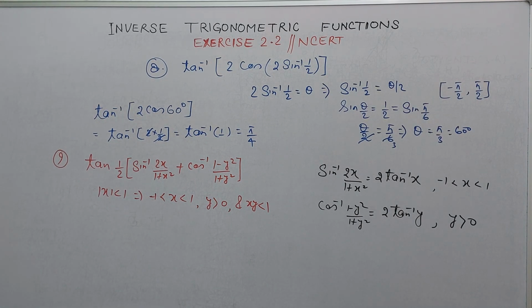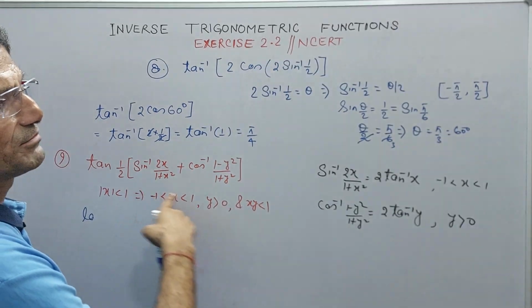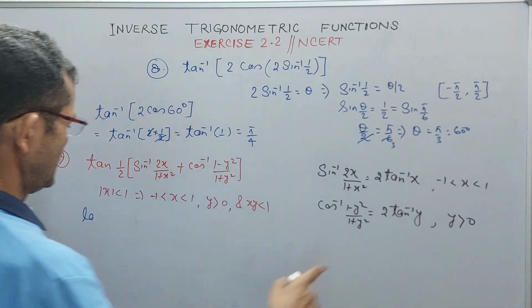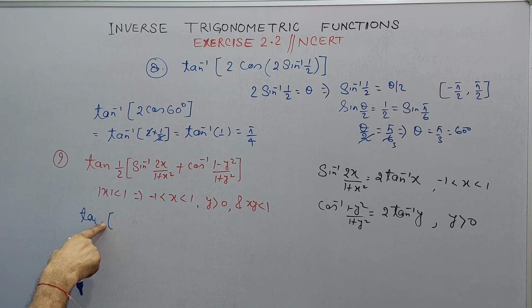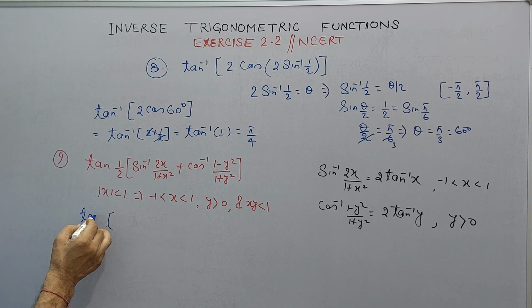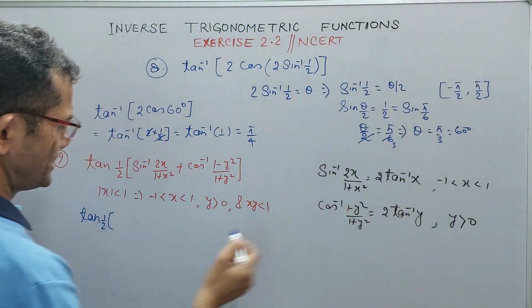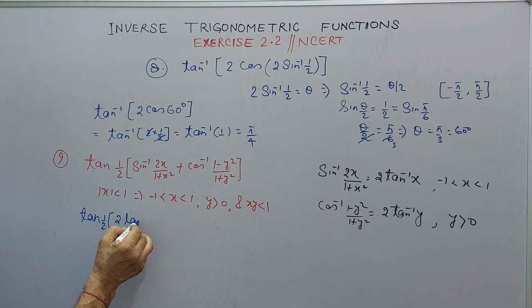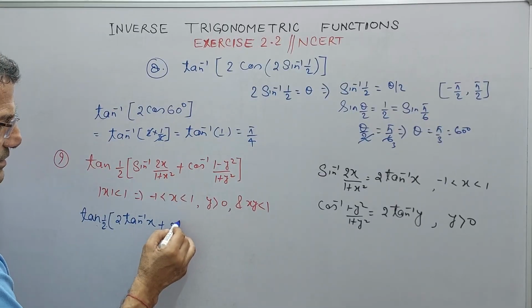Now put these values here. Replace sine inverse 2x upon 1 plus x square with 2 tan inverse x, and the cos inverse term with 2 tan inverse y.